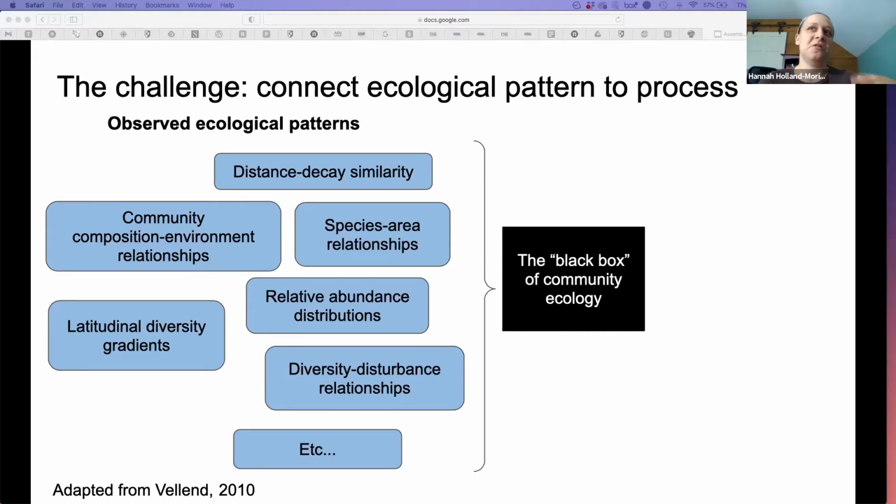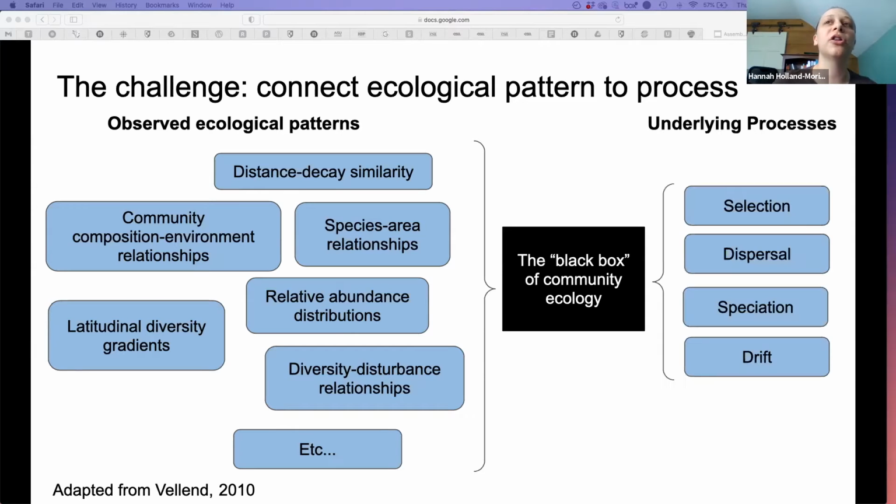And this has been termed by many people, and Kelly brought it up before, the black box of community ecology. And in 2010, this guy, Mark Belland, was thinking about these things and saying, man, it would be really great if we could have some way to characterize all the processes that are underlying these patterns that we observe.